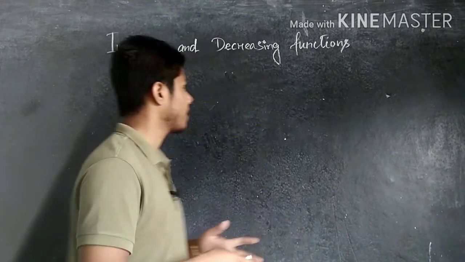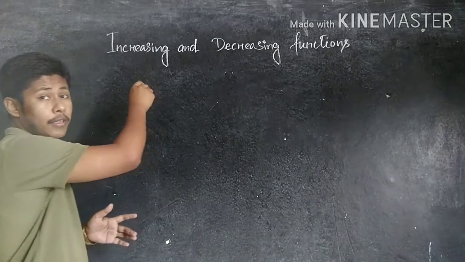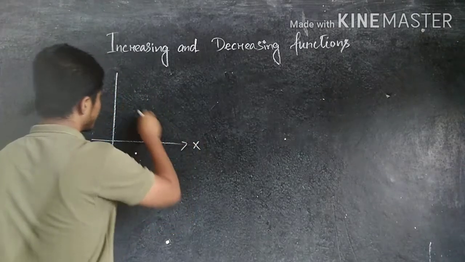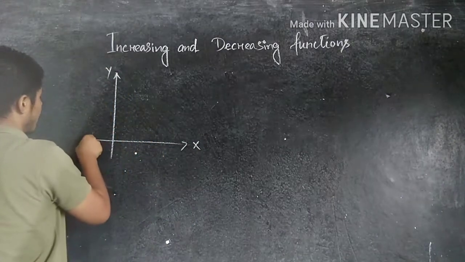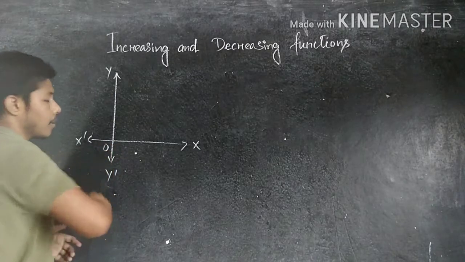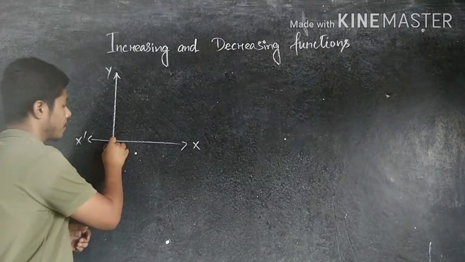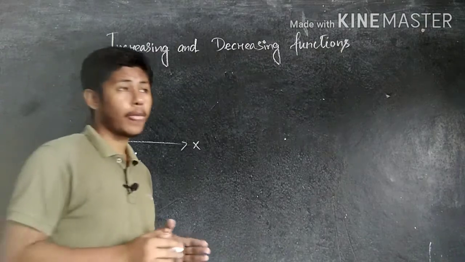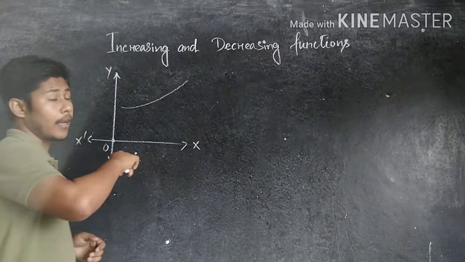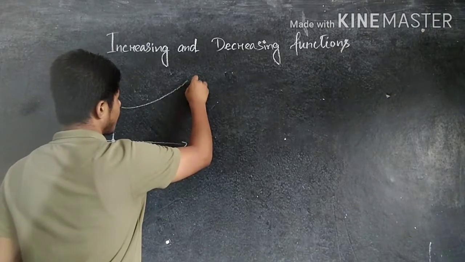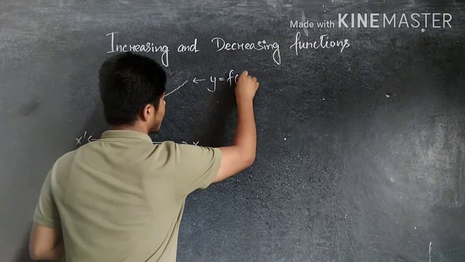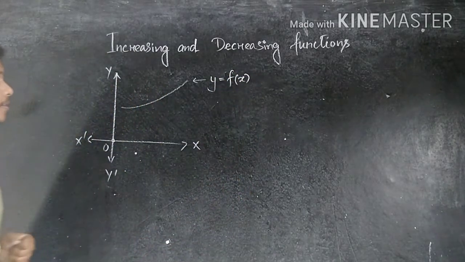Now let's see the first diagram. Suppose here this is x, this is y, x dash, and here y dash, and the origin. Suppose we consider a graph like this, and we denote the name of this graph by y equals f(x).